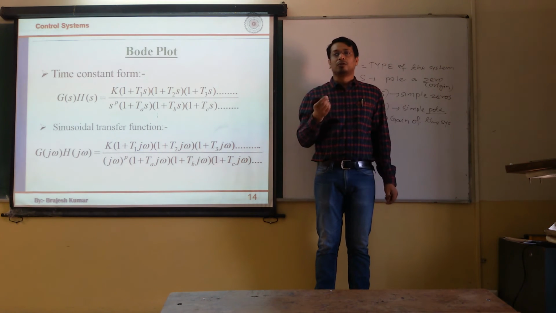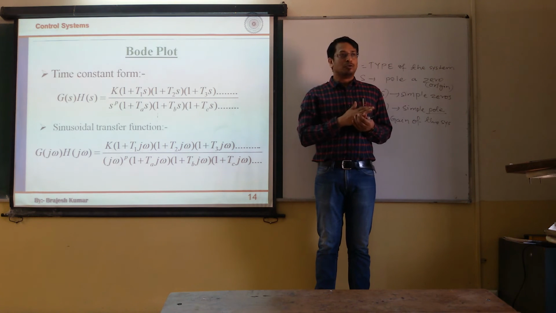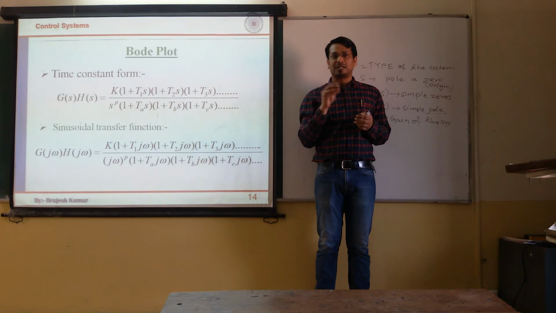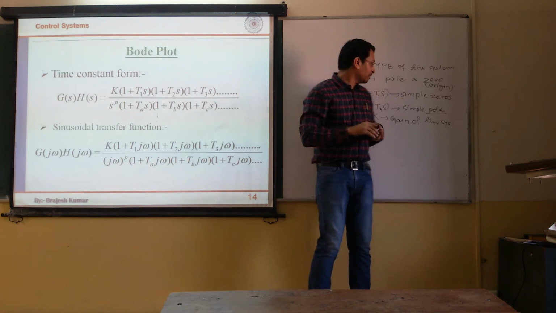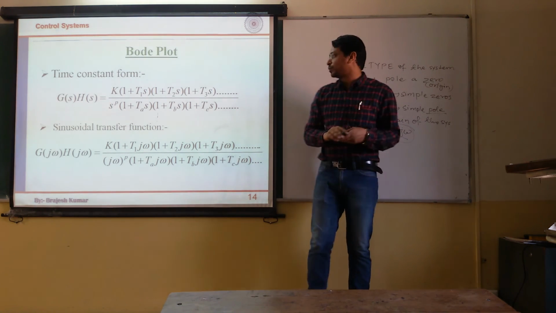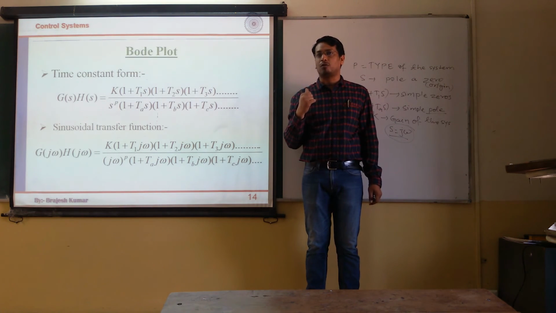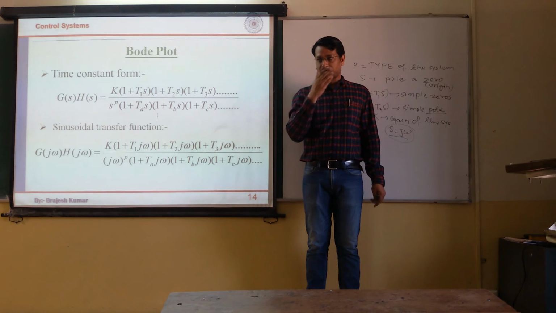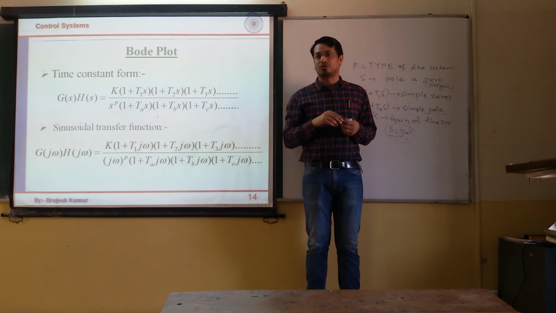So first represent your transfer function in this time constant form, and then since you are working on the frequency response of the system, find the sinusoidal transfer function of this time constant form, or equivalently, represent the transfer function in sinusoidal form. For this you will put s equal to j omega in the time constant form, and you will get the sinusoidal transfer function in time constant form.